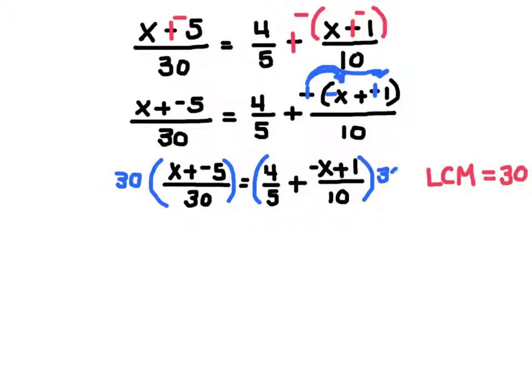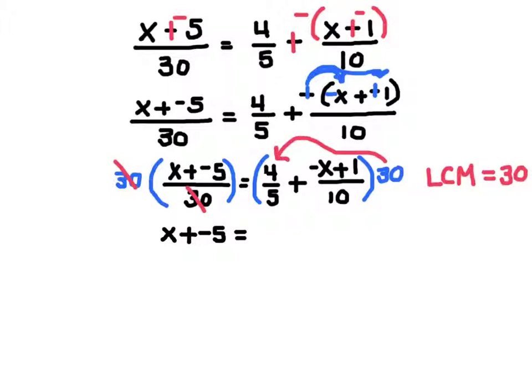When I multiply the left-hand side by 30, the 30s cancel out. And I get x plus a negative 5. Now I'm going to distribute the 30 to both terms on the right-hand side.